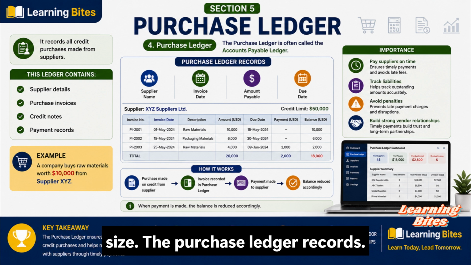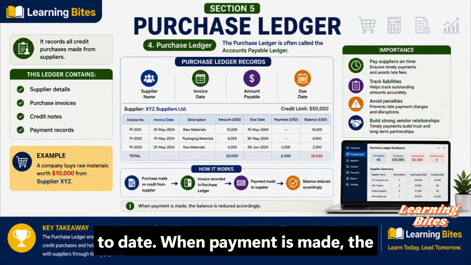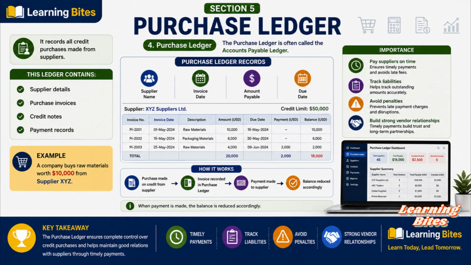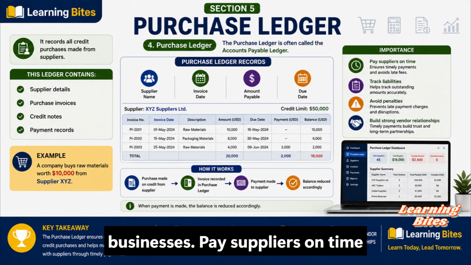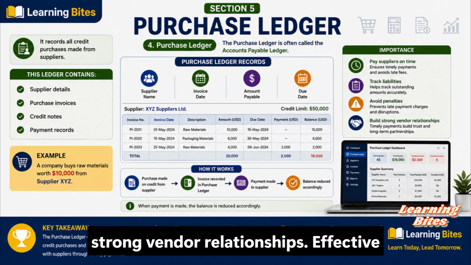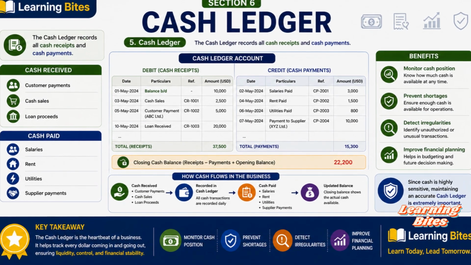The purchase ledger records supplier name, invoice date, and amount payable. When payment is made, the balance is reduced accordingly. Importance: the purchase ledger helps businesses pay suppliers on time, track liabilities, avoid penalties, and build strong vendor relationships. Effective management of this ledger supports healthy business operations.